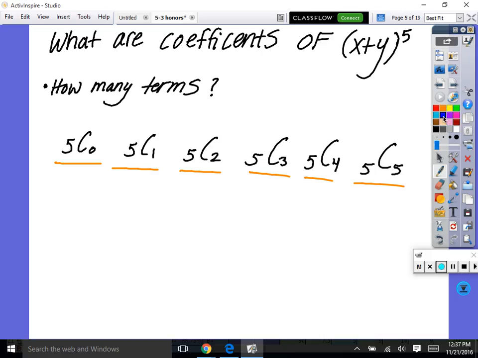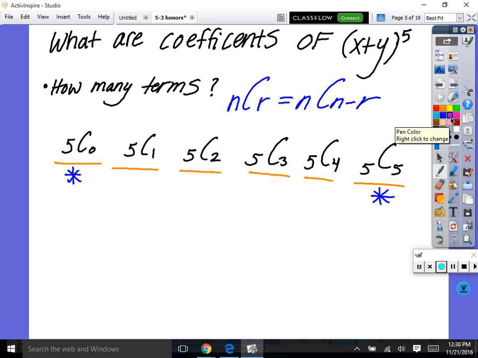Now don't we know that one little rule I just talked about, nCr is going to be equal to nC(n minus r). So let's do this. 5 choose 0. Isn't this going to be the same as 5 choose 5 minus 0? What's 5 minus 0? 5. So this will be the same as 5 choose 5. So we don't want to have to calculate them both. If we know 5 choose 0, we know 5 choose 5.